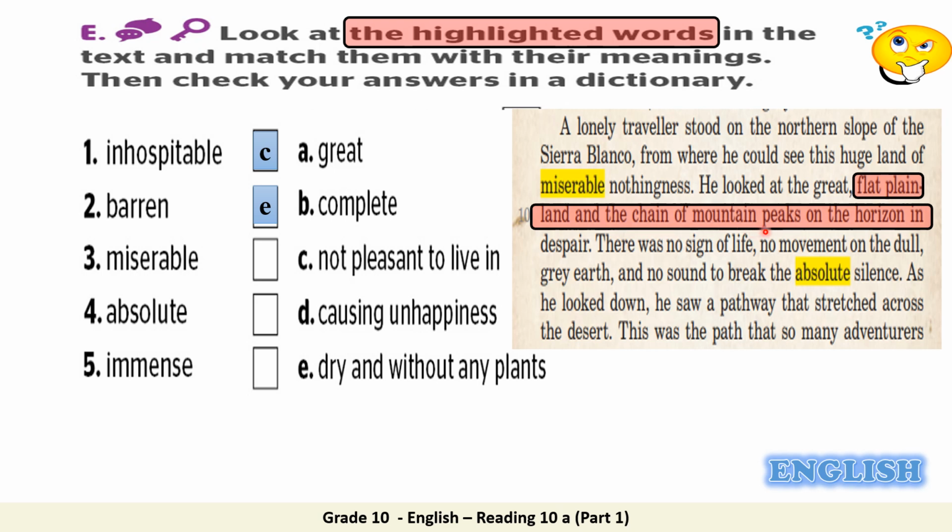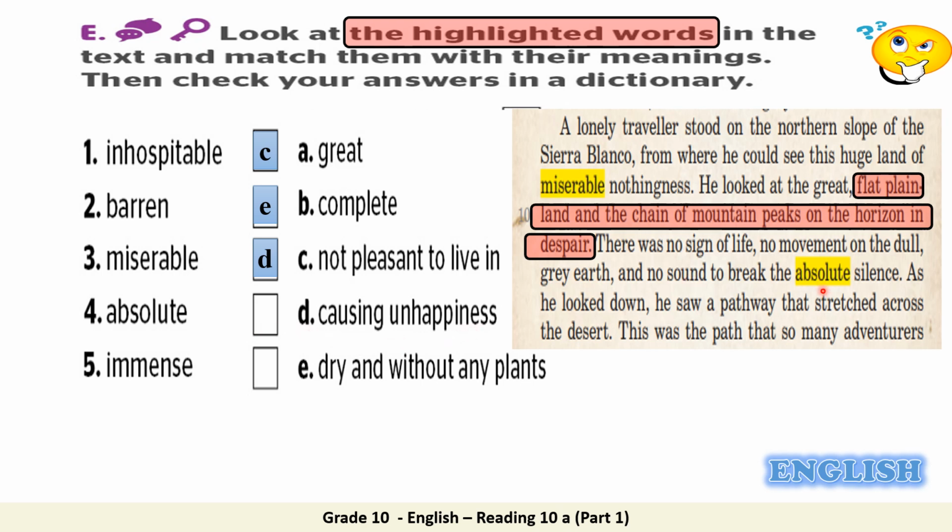The chain of mountain peaks on the horizon in despair. So the word miserable, does it give a negative or a positive meaning? Despair. Flat plain land. That's correct. It gives a negative meaning. So the word miserable means causing unhappiness.